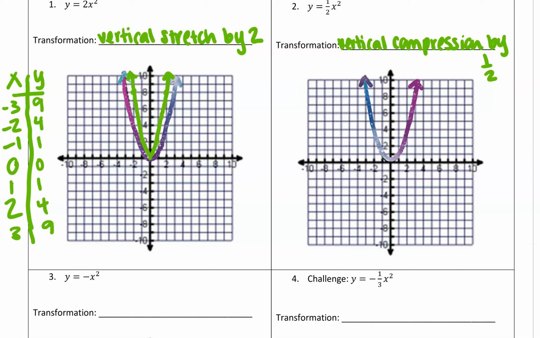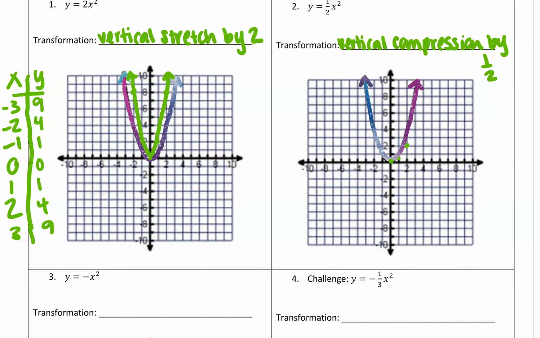All right. So just how on number 1, how I doubled all the y values, what I'm going to do for the vertical compression is I'm going to take half of each of the y values. I'm going to start at 0, 0. That doesn't change. But 1, 1. My x value is 1. My y value, instead of being 1, I'm going to do half of that, so 1/2. Instead of 2, 4, I'm going to take half of 4, is 2, 2.